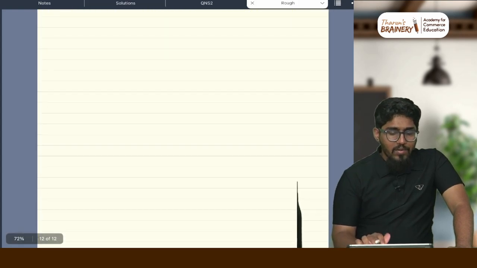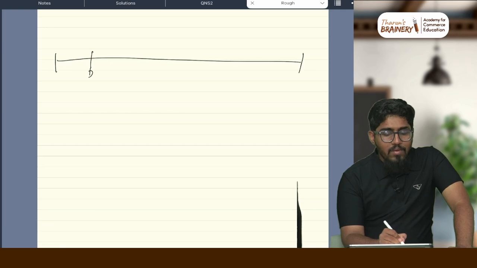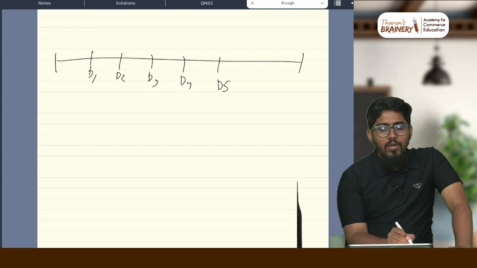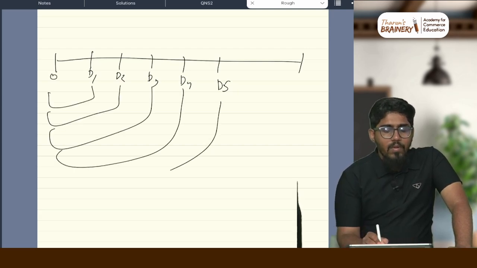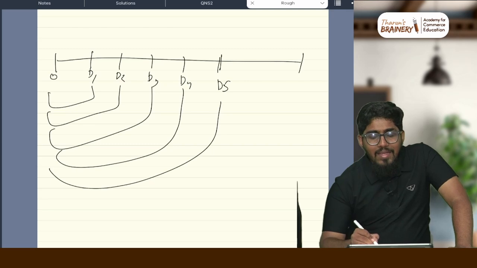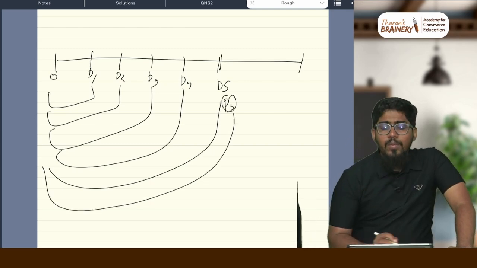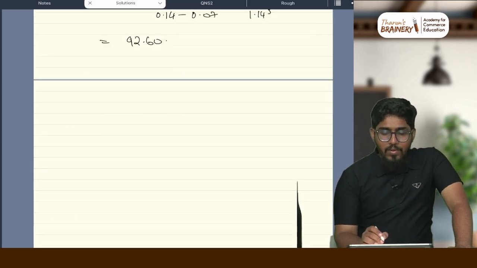Basically what you're doing here is D1, D2, D3, D4 and then D5, and you take the present value of everything. And then at the end of D5 you are calculating the price, and that also you're discounting. So price divided by 1 plus Ke to the power 5. That is what you're doing here.